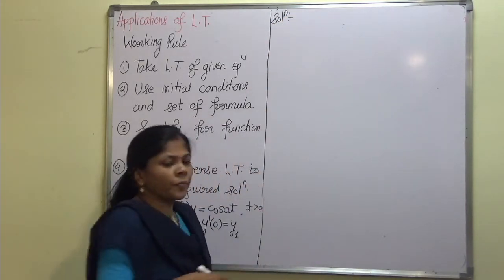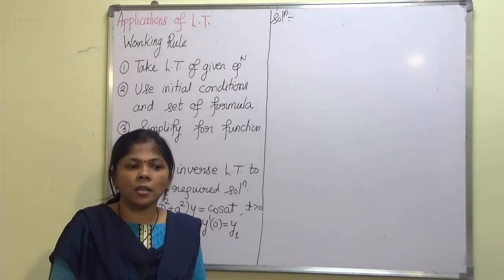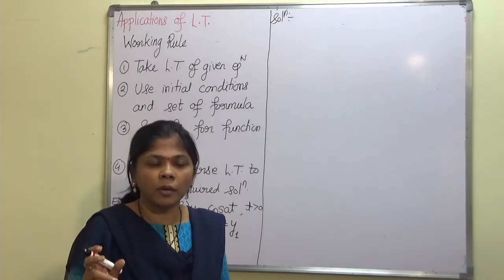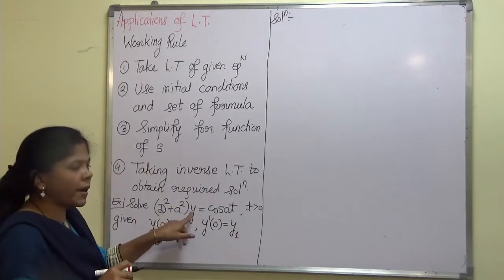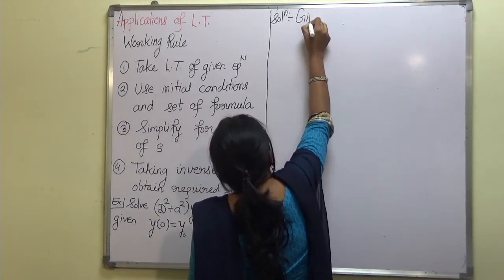What we do is first write the given differential equation in the standard notation, that is, in the form of derivative in the dash notation. D square y is nothing but y double dash of t.